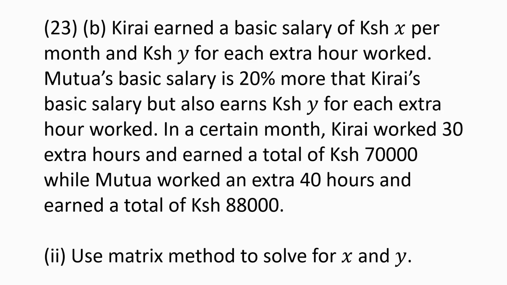Part 2. Use matrix method to solve for X and Y. So the equations were X plus 30Y is equals to 70,000 and 1.2X plus 40Y is equals to 88,000. So to use the matrix method, we need to take out the coefficients of the unknowns and group them into one matrix.